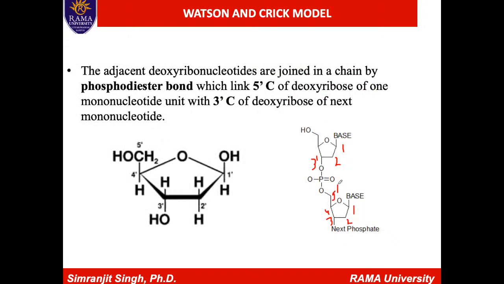So this is a phosphodiester linkage. If this bond is only made with one sugar and one phosphate group, then it is a phosphoester bond. But here we have two oxygen groups, and together they are making bonds with the sugar. That's why it's a diester. So that's the major difference. Yeah, I can show you this.